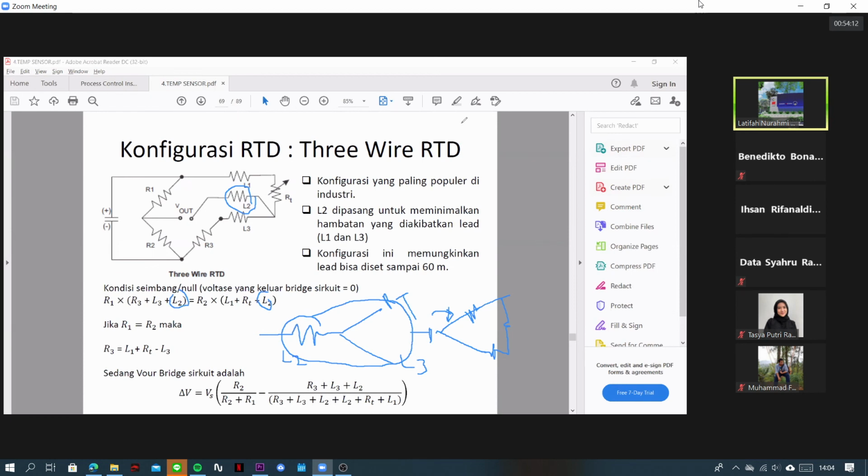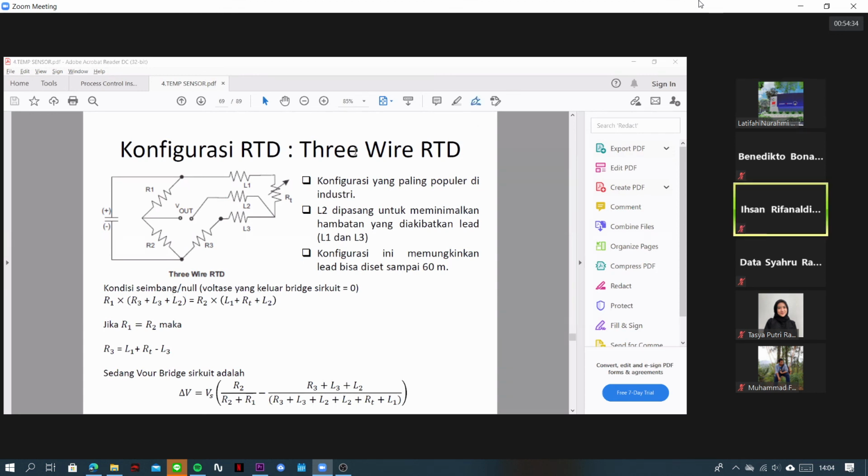Tiba-tiba ada di situ. Ini diturunkan mengikuti yang pertama tadi dulu, VA. Coba ikuti Wheatstone Bridge yang pertama. Dari poin yang kiri, kemudian pengukuran juga dari yang kanan. Dalam kondisi seimbang atau nol, VA sama dengan VB.